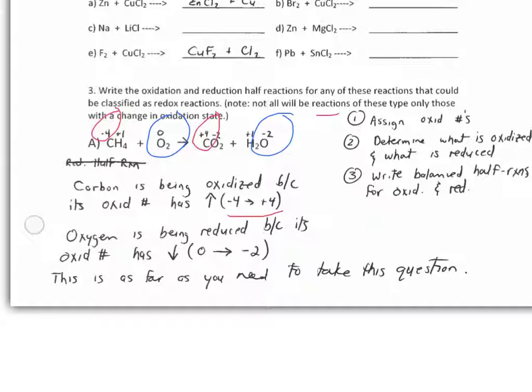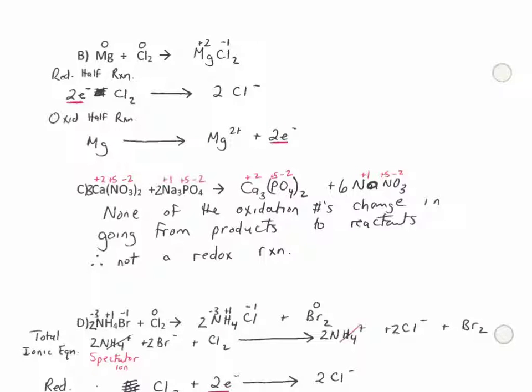So we'll take a look at some of the other reactions and their half reactions. Okay, so for part B here, we see that what I've done is assign the oxidation numbers, and anything in its elemental form, i.e. both magnesium and chlorine in this case, has an oxidation state of 0.